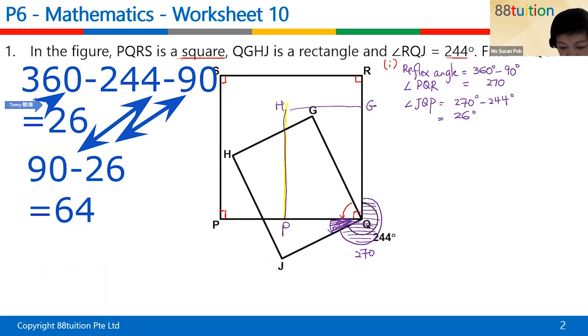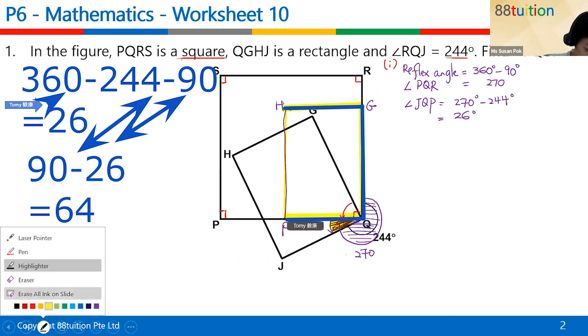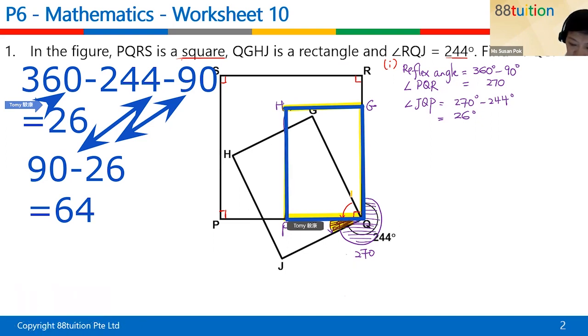You see? This one will form one rectangle, then this rectangle is the one that is here. So can I say that this angle here, the one that I highlighted in yellow, can also be equal to this. Thank you. So this angle is actually equal to this angle. They are the same.